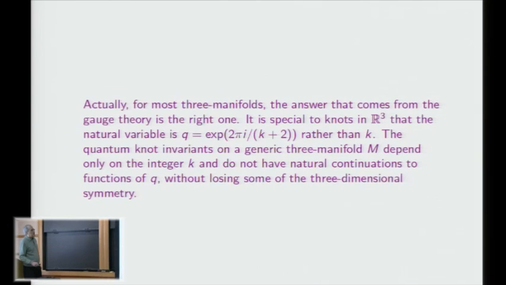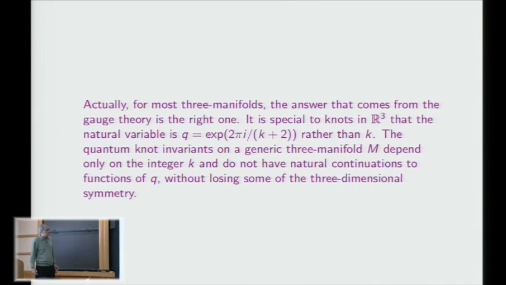It's special to knots in R3 or S3 that the natural variable is Q rather than K. On a generic three manifold, the quantum invariants, as far as is known today, depend only on an integer K and do not have natural continuation to functions of Q without losing some of the three-dimensional symmetry. Actually, I won't have time to completely explain it, but I'll tell you about the framework for understanding how they can be analytically continued. But on a generic three manifold, the analytic continuation is not as nice as it is on R3, for reasons that I will have time to explain.